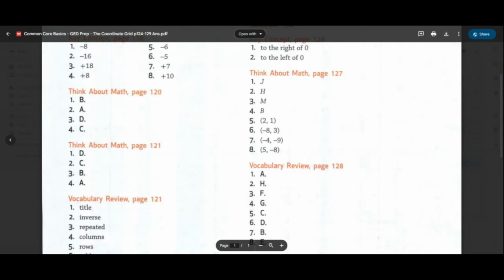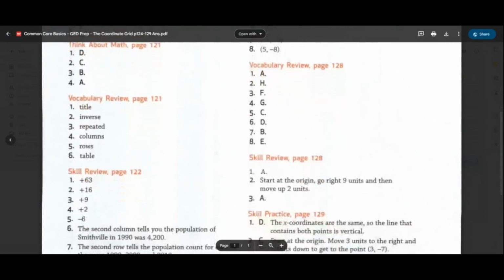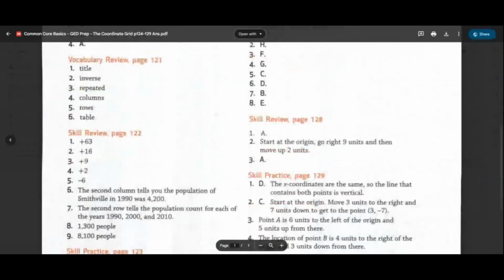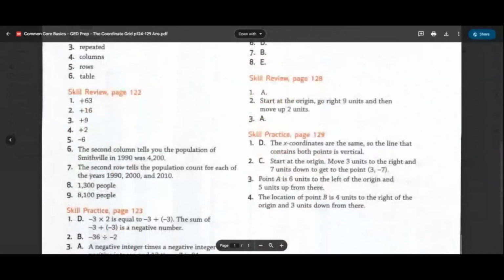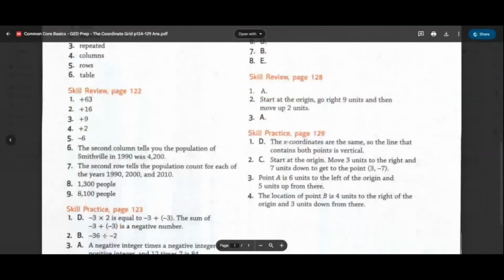Okay. And there are the rest of the answers. Any questions about any of these?